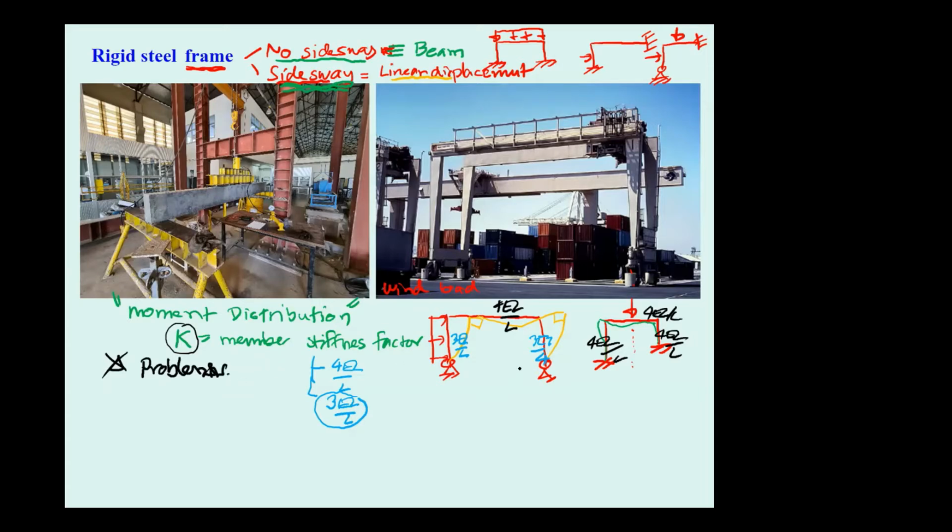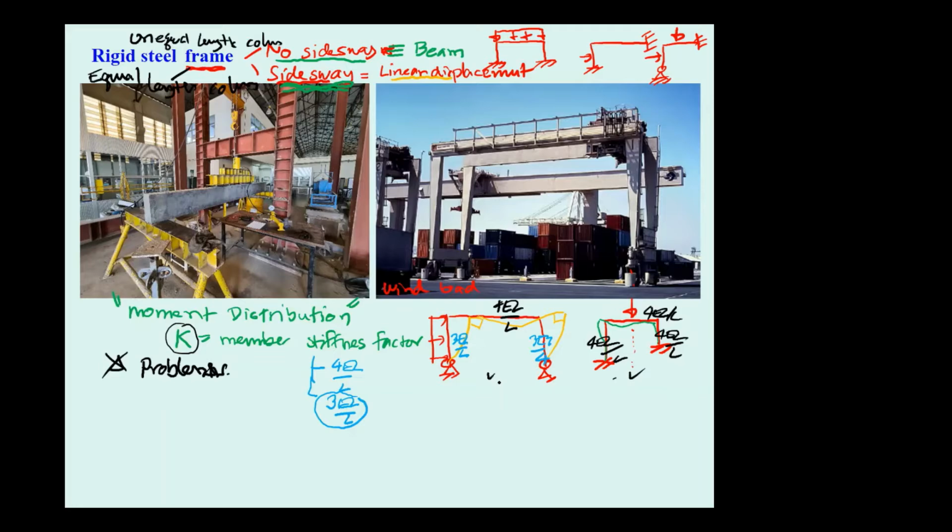I should classify the frames into one with equal length columns and another with unequal length columns. You may see the one that has unequal length columns is going to be here, and the equal length columns is going to be here.